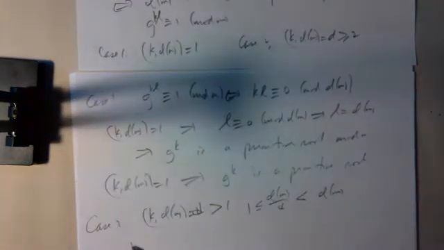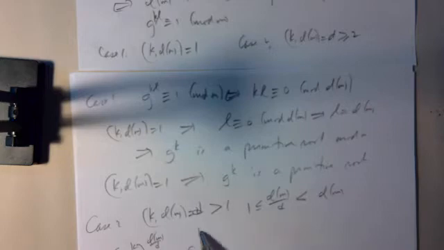So if I take g to the k and raise it to the positive integer power phi of m over d, this is g to the k phi of m over d. This is the same as g to the phi of m times k over d. And k over d is also an integer.